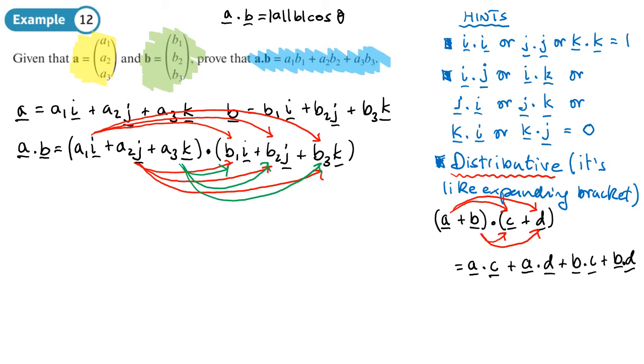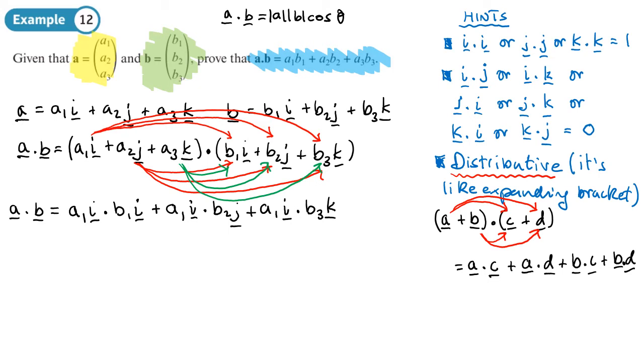Right, so what are we going to have for A dot B? So we will have A1 i dot B1 i, plus A1 i dot B2 j, plus A1 i dot B3 k.